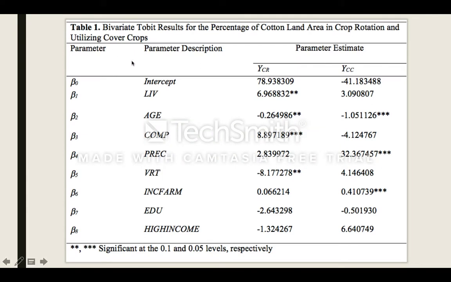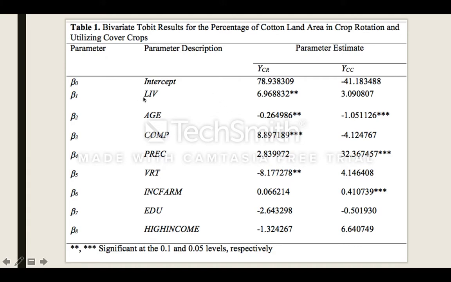Alright, looking first at the independent variables' relationship with the crop rotation dependent variable, we can see that 4 variables were significant, 3 at the 0.1% or 0.1 level, and 1 at the 0.05 level.